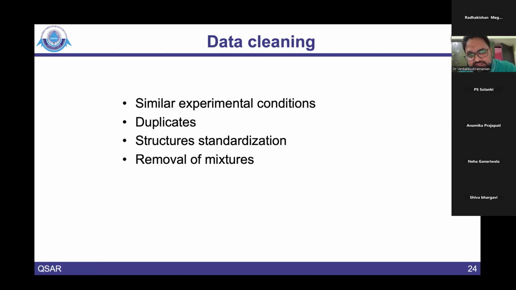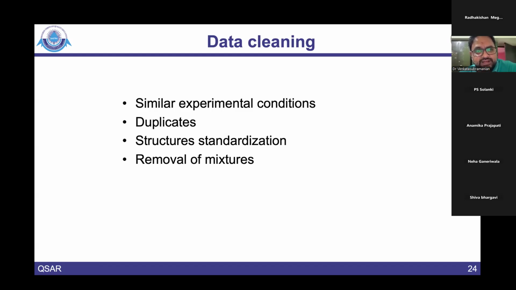To a certain extent, you really have to pay attention to these experimental conditions, which means that using activities measured in two different conditions will not give you a good QSAR model. So you have to use similar experimental conditions, and you cannot have duplicates.